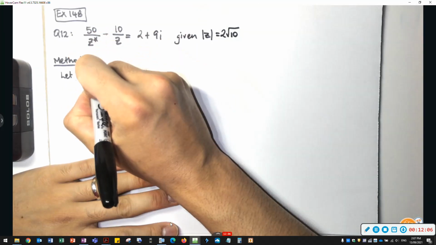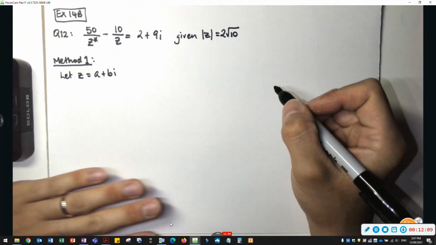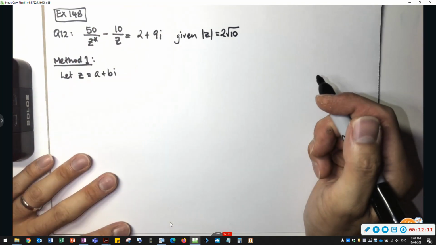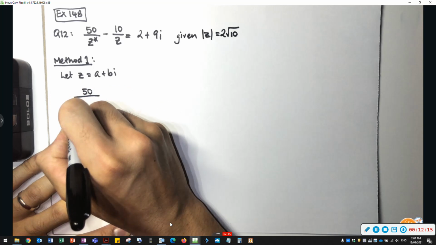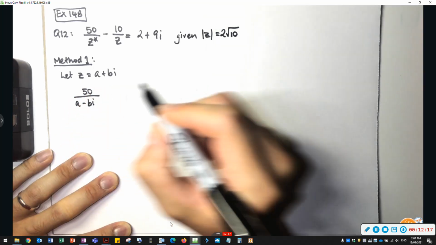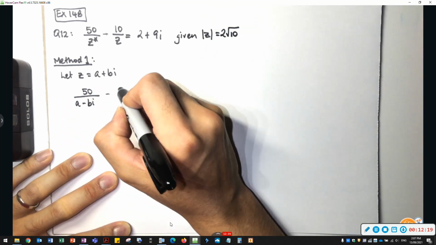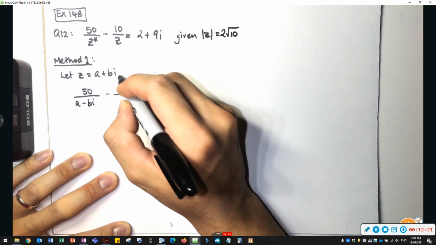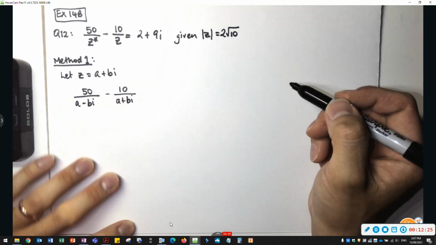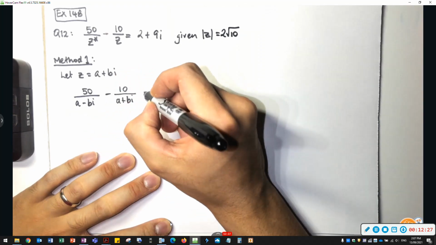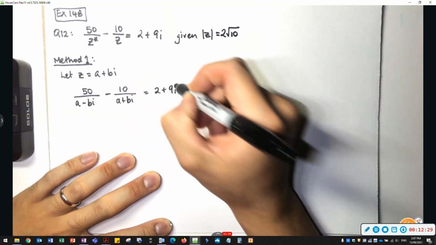So when I write like that, now I can substitute into my expression on the left hand side. I've got 50 over a minus bi minus 10 over a plus bi. The right hand side is 2 plus 9i. I'm not going to do anything to it.